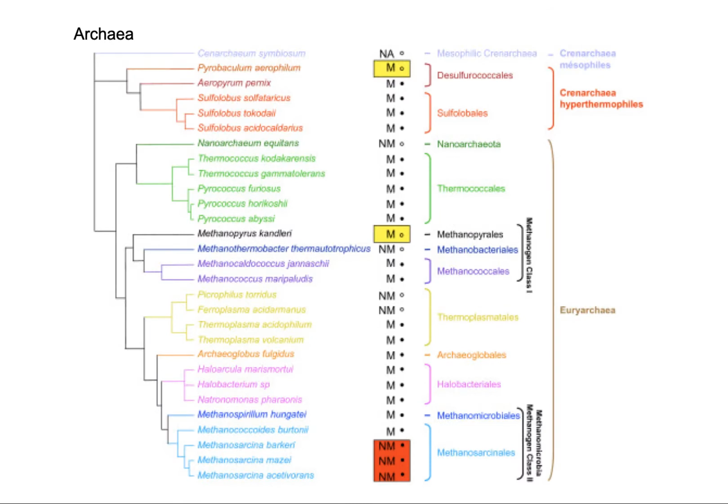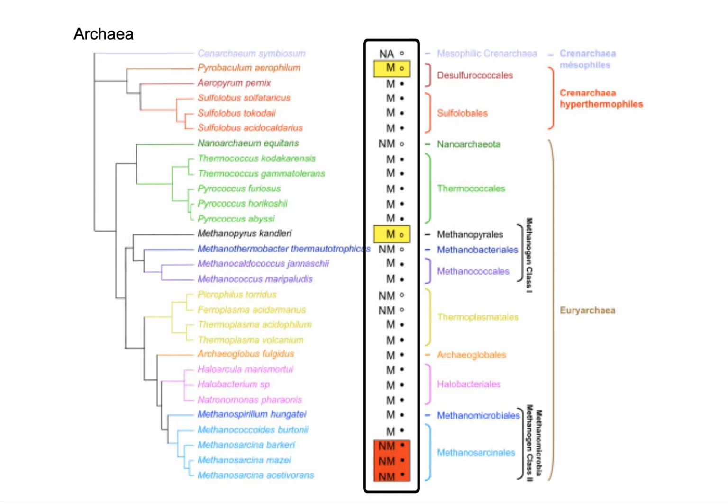Archaea also have flagellar apparatuses, and on this figure you can see how those are distributed among the archaea. In the middle you can see M or NM, that means motile or non-motile. So the ones that are motile also have flagella.